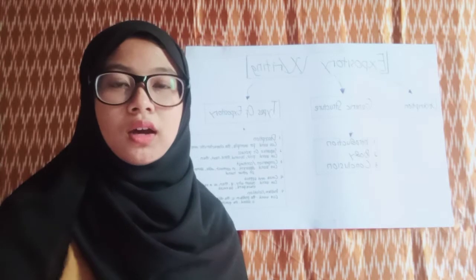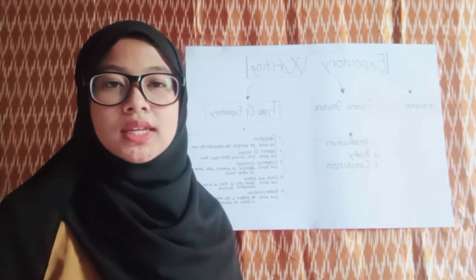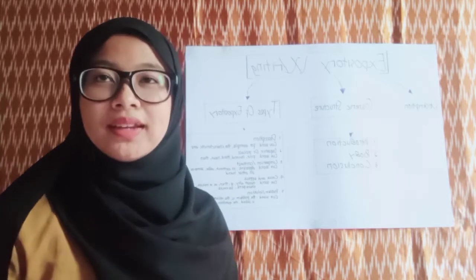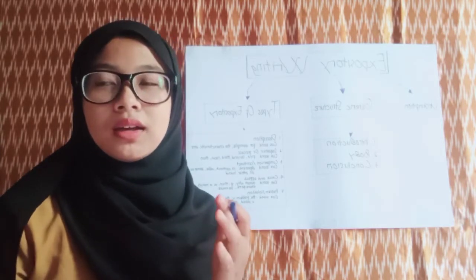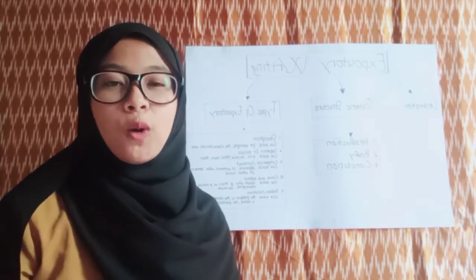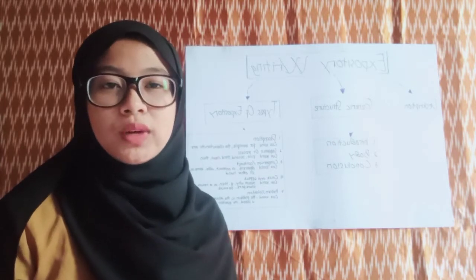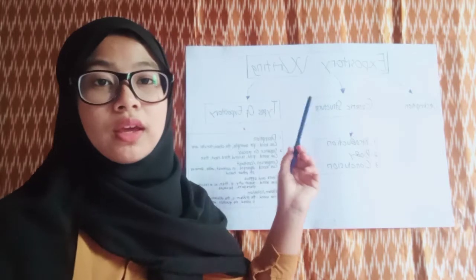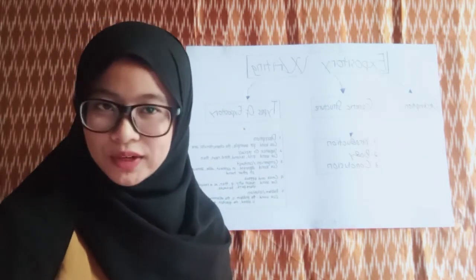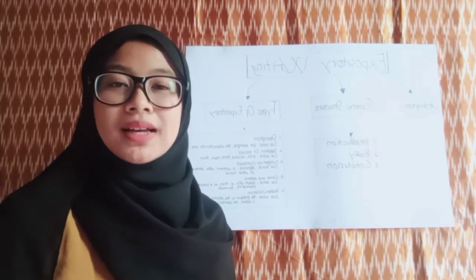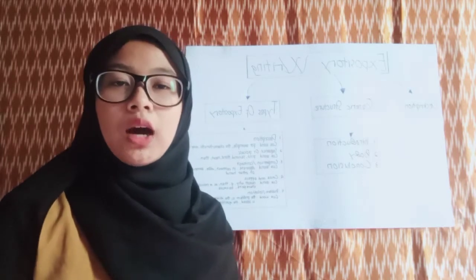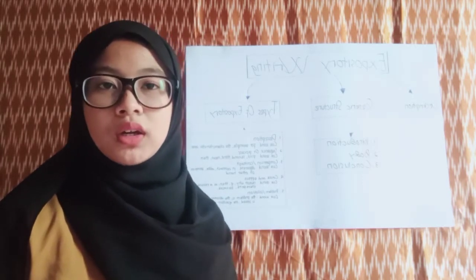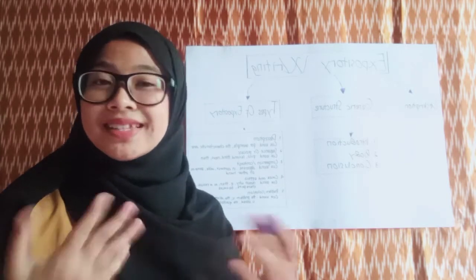So guys, expository writing is a type of writing used to explain, describe, give information, or inform factual information. When we write an expository text, we must assume that our reader does not have prior knowledge about the topic that we discuss.